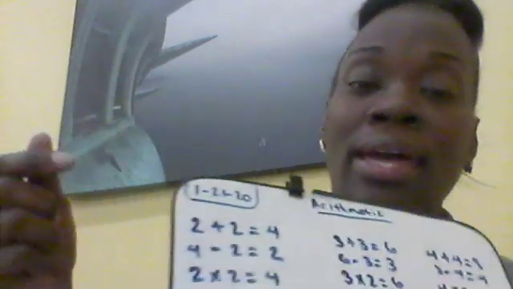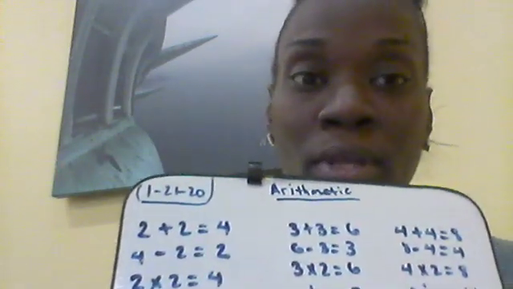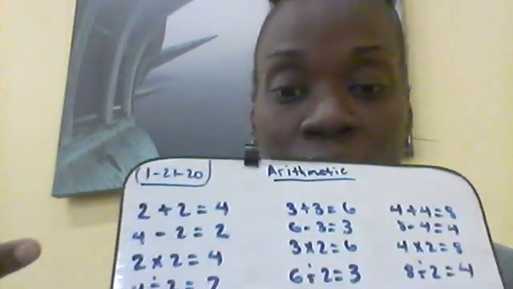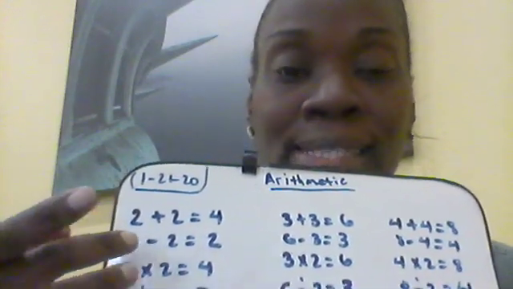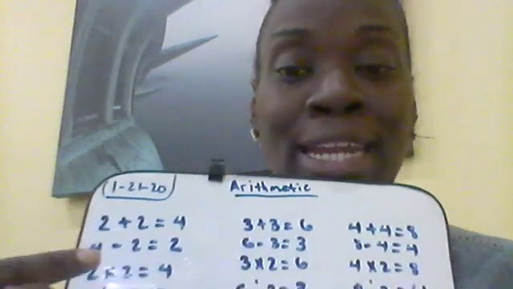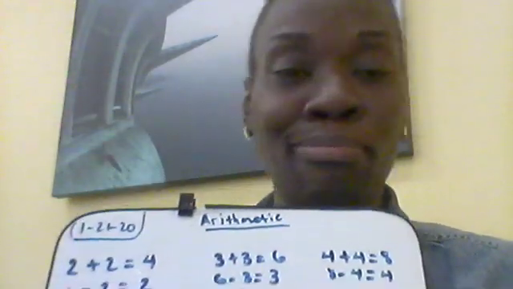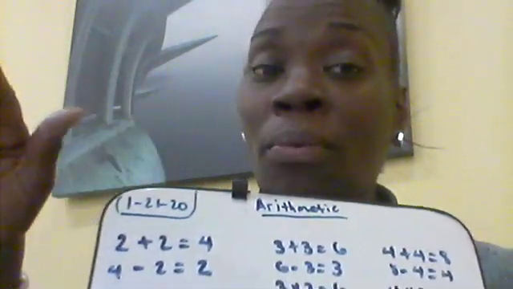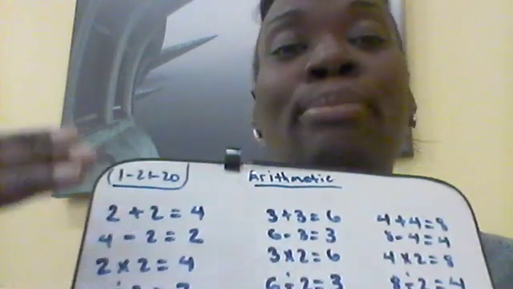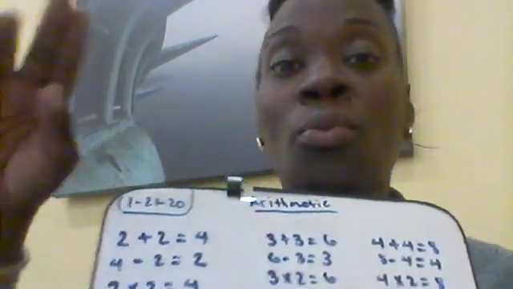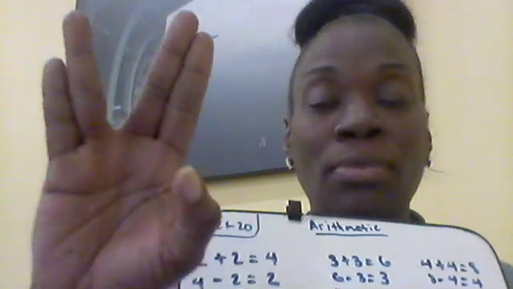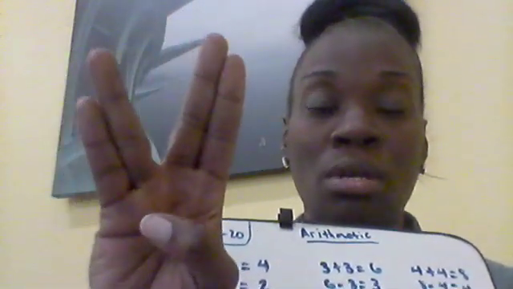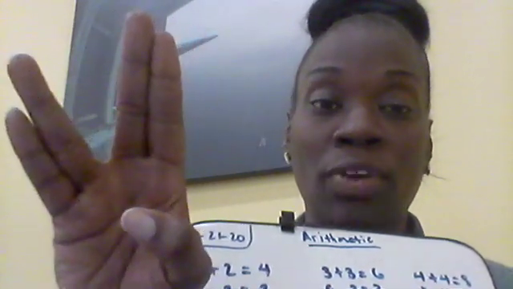Okay, so now let's look at that again. So we know that 2 plus 2 is 4. And because 2 plus 2 is 4, we can recognize that when I subtract one of the 2's, 4 minus 2 is equal to 2. Basic, easy peasy. So now, one of the things you've memorized also is that 2 times 2 is 4, because when you have two sets of 2, I have 2 fingers right here and I have 2 fingers right here.